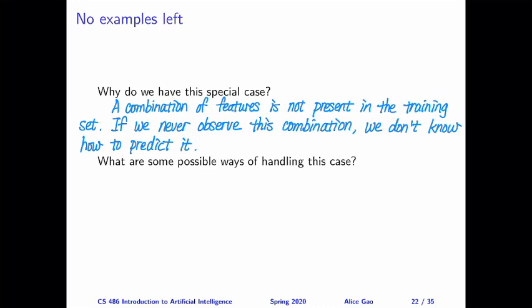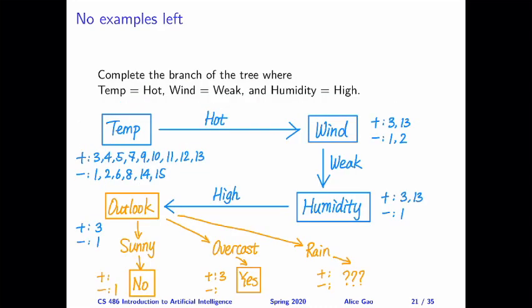Now the second question is, how can we handle this special case? Let's go back and look at our branch of the tree. When we get to outlook is rain, there are no more examples, so there's really nothing we can do. So can we find some examples that are closest to this case? Well, there are some examples for sunny and overcast, but they have different values for outlook.